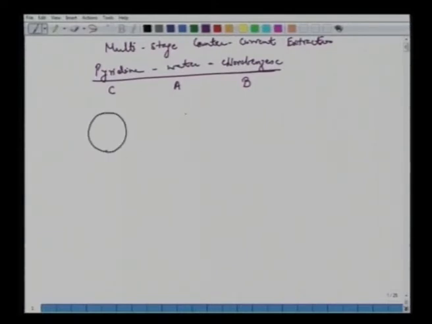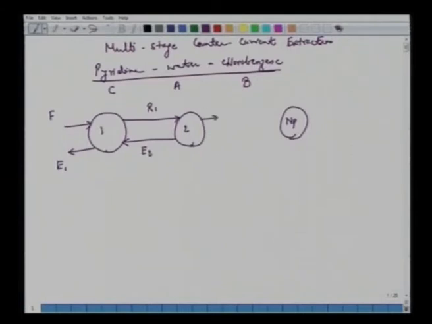You have R2 and this E3. All right. So the extract coming to this stage is RNP minus 1. And we have the extract from here ENP, RNP the treated raffinate, and we have the solvent S. So this S or B, this is chlorobenzene.